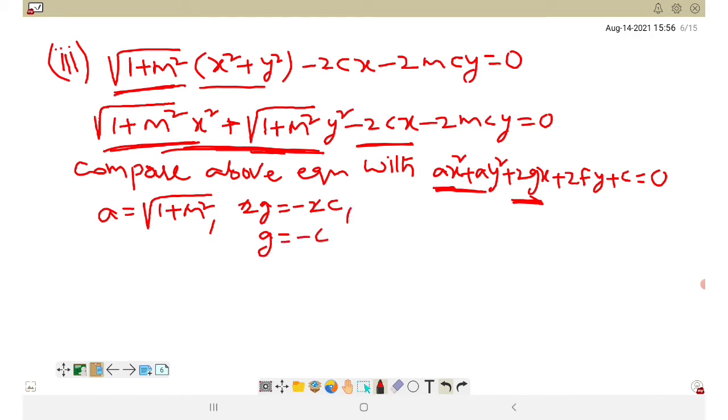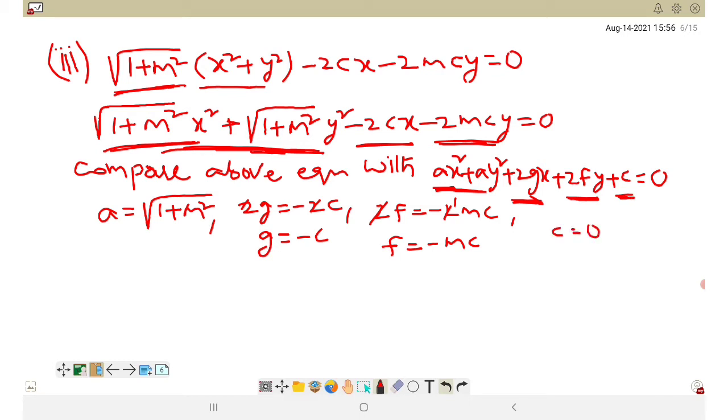Here the y coefficient is 2f and here it is minus 2mc, so 2f is equal to minus 2mc, and f is equal to minus mc. Here c is equal to 0.